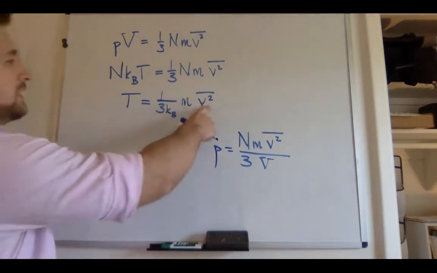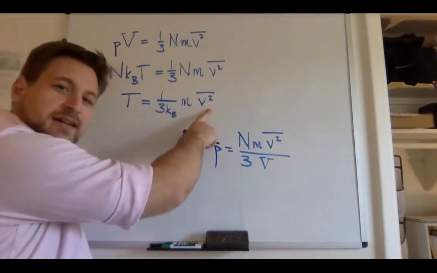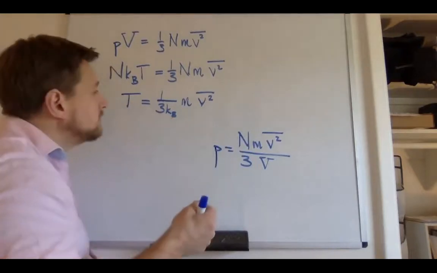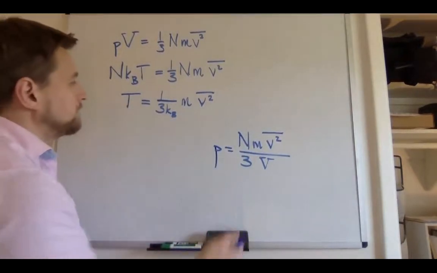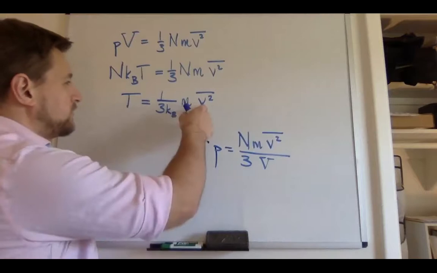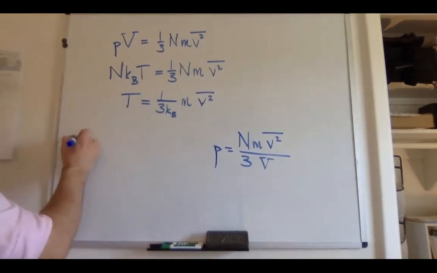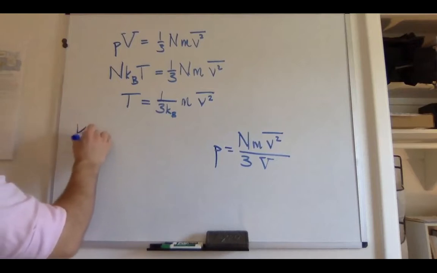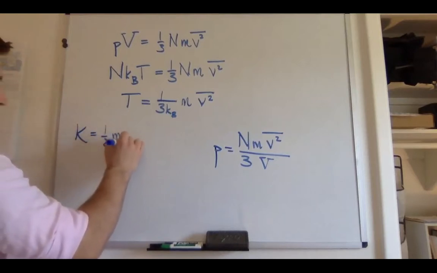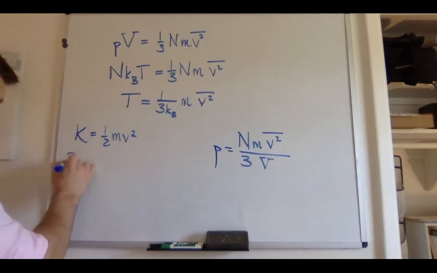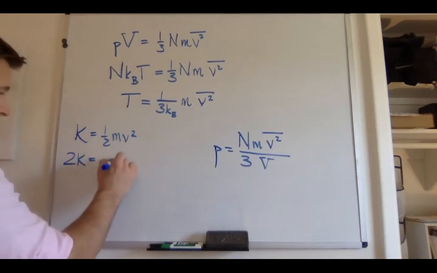Wait. m v squared, that's like kinetic energy. Gosh, why didn't I see that before? m v squared is a kinetic energy, or it's like twice a kinetic energy. So K is 1/2 m v squared. So 2K is m v squared.